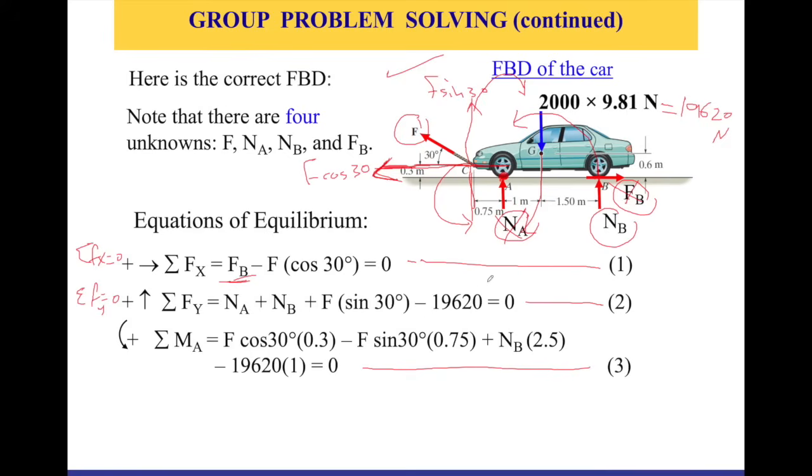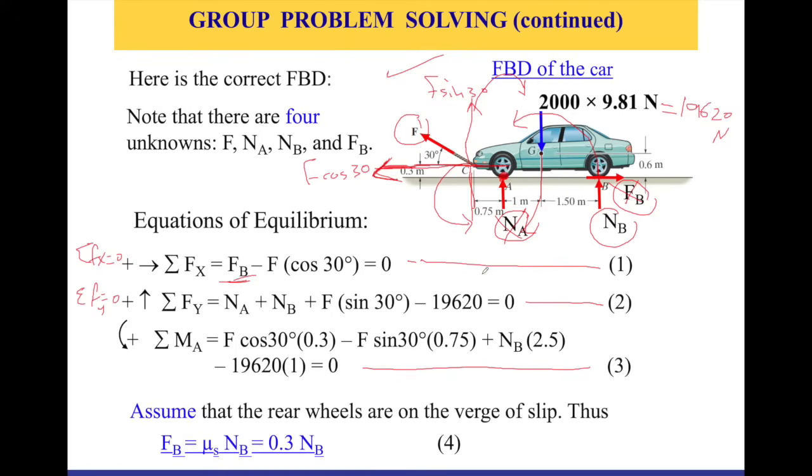Now I need to construct the fourth equation, which is the friction equation. So assume that the rear wheels are on the verge to slip. That's what we assumed actually, because we want to ask for the minimum force.